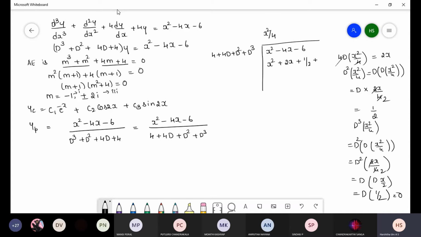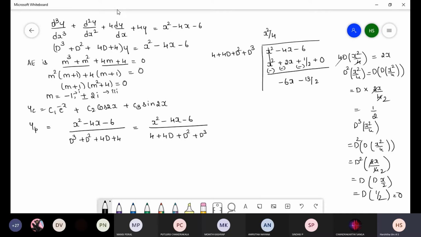The differentiation of 1 by 2 is 0. Here 0. Now change the sign. So minus 2x minus 4x is minus 6x. Again, minus 6 minus 1 by 2 is minus 13 by 2.